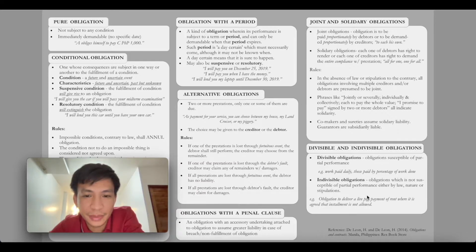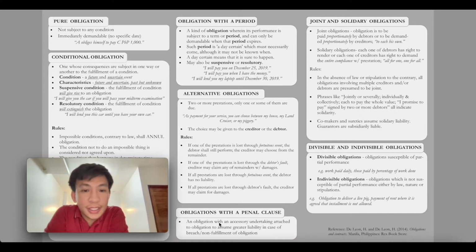Bakit may damages na? Because there's already fault. Tama? So, ayan. May damages ng kasama. Bakit yung sa fortuitous event? Yung kanina, yung example natin. Well, that's fortuitous event. No one wanted that to happen.